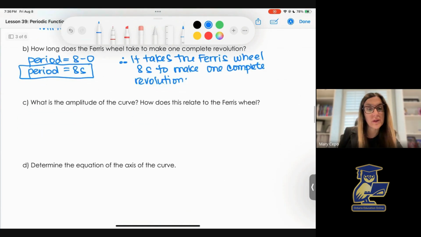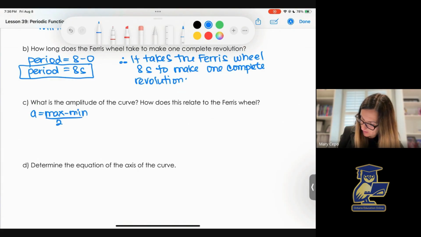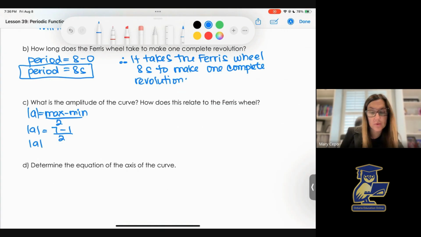Okay, C, what is the amplitude of the curve? How does this relate to the Ferris wheel? So the amplitude we know is max minus the min, divide that by 2. So the amplitude is going to equal 7 minus 1 divided by 2. 7 minus 1 we know is 6. 6 divided by 2 is 3.